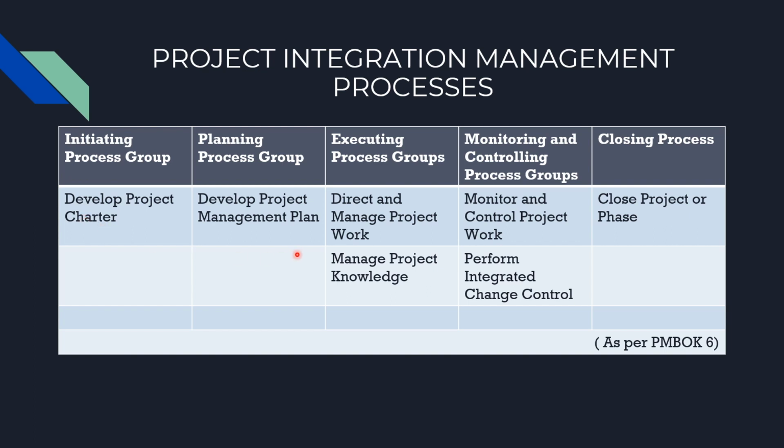Under planning, there is also one process, which is develop project management plan. There are 2 processes in the executing process group: one is direct and manage project work, second is manage project knowledge. There are 2 further processes in the monitoring and controlling process groups: monitor and control project work, and perform integrated change control. And there is one process in the closing process group, which is close project or phase.